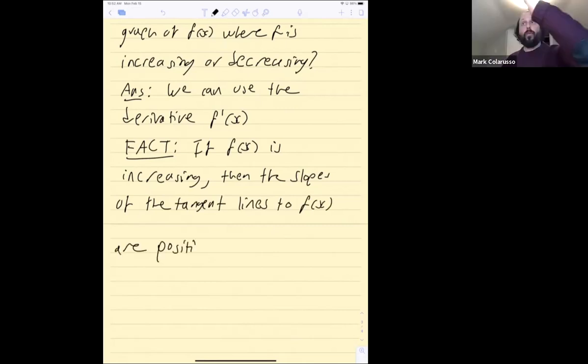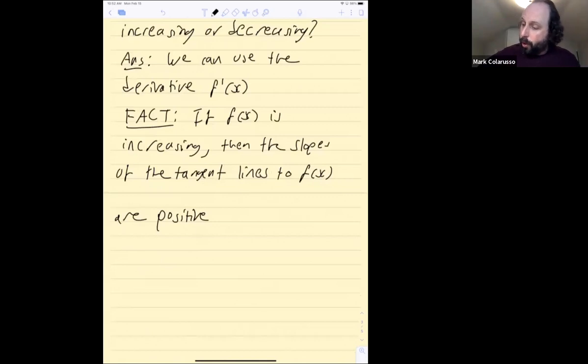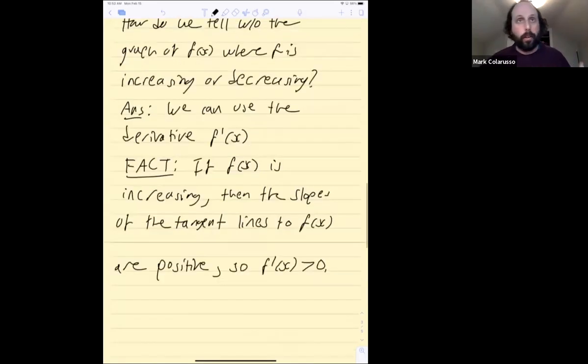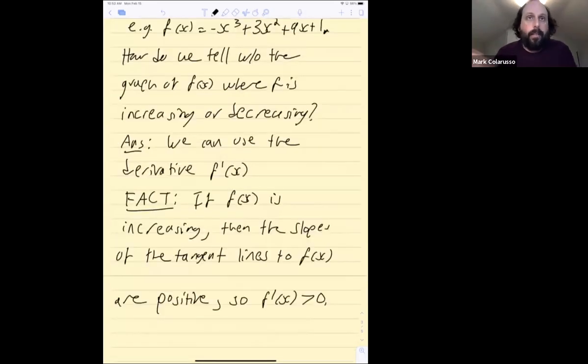If your graph is rising as you move from left to right, then any tangent line is going to have positive slope. So the derivative will be positive there. So f prime at x is positive. Let's go back and take a look at our little sketch above and see that that coincides with our intuition.